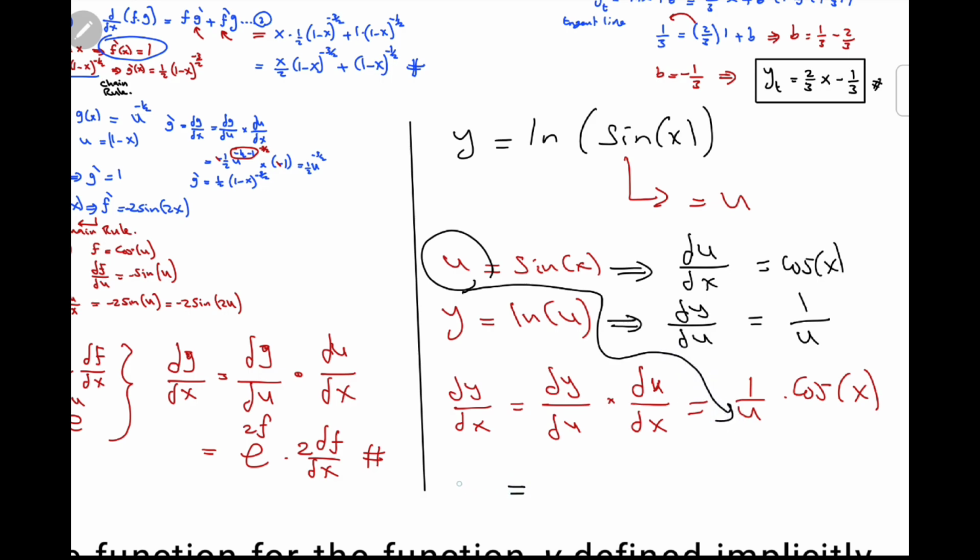So the final answer, dy by dx, is equal to cosine x divided by u, which is sine x, and that's equal to cotan of x. That's it.